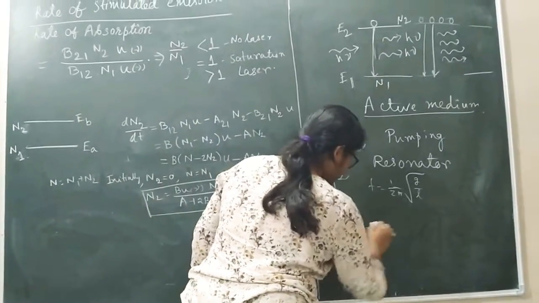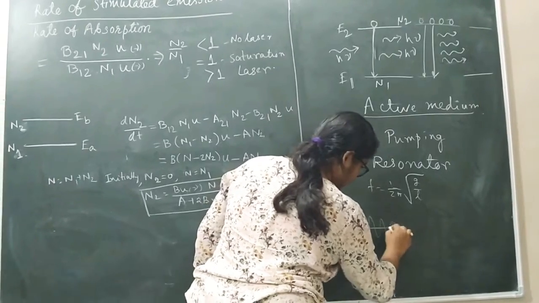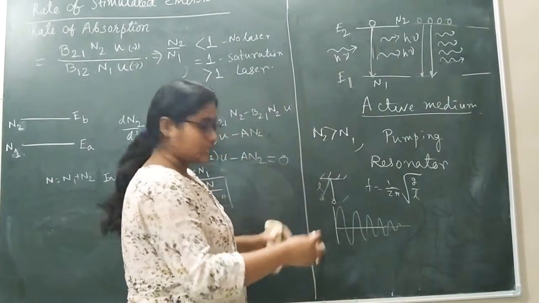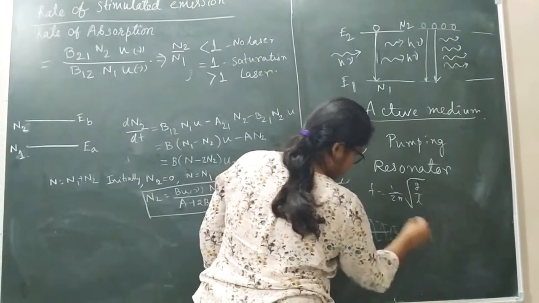The amplitude of the oscillation will decay like this. After a certain time it will damp out and there will be no oscillation.